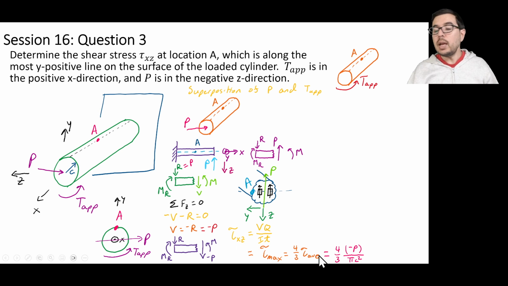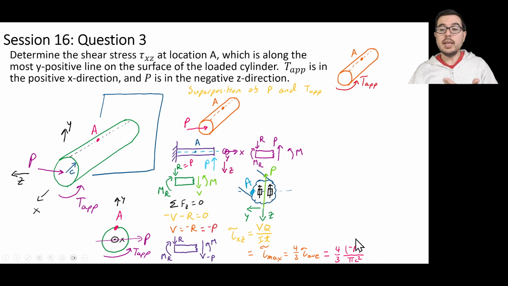Notice, sometimes I suggest not thinking too much about the signs until the end, and that can be a little bit dangerous. But if we know what the magnitude is, and we know that this P is acting in the minus z direction, then when we think, oh, okay, I need a tau xz, x is the x face, that's what's coming out of this, and z is down, vertically, positive, but P is in the opposite direction, so that's in the minus z.